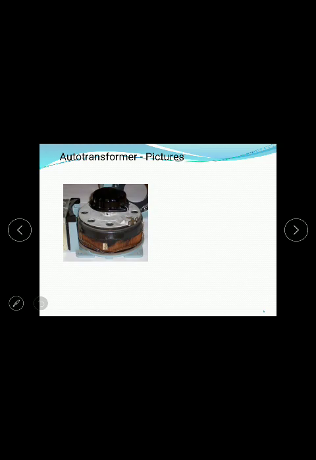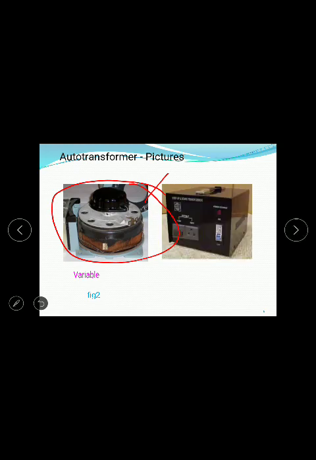This is the practical auto transformer used in the labs, workshops, and industries. So variable, variac or variable, whatever you can call. This is the fixed.